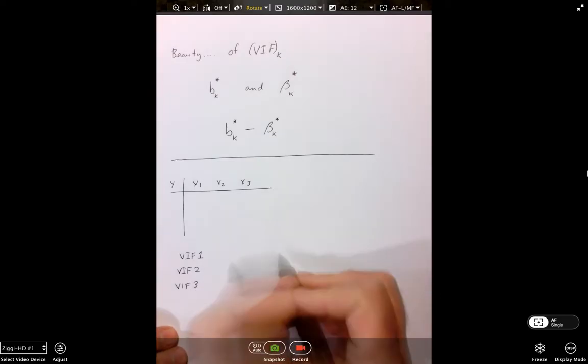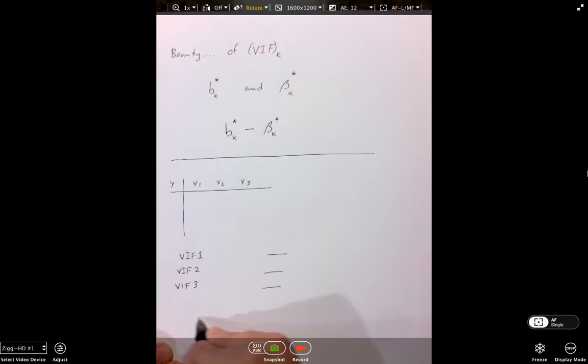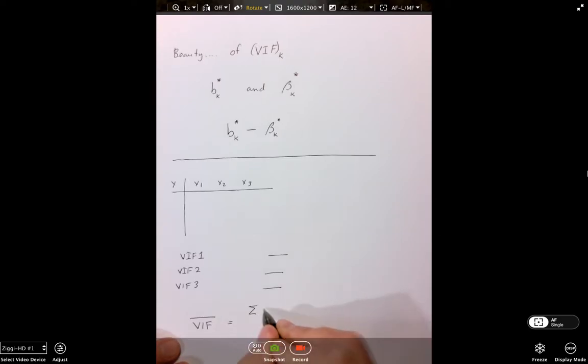So we'll have values for each of these. We can clearly, in this case, get the mean variance inflation factor by taking the sum, i equal 1 to k, of the variance inflation factors for each of these, divided by k.